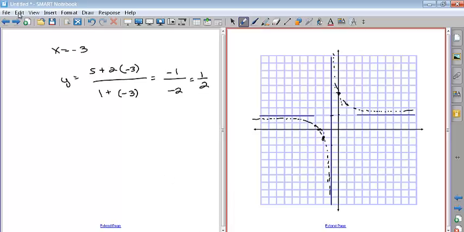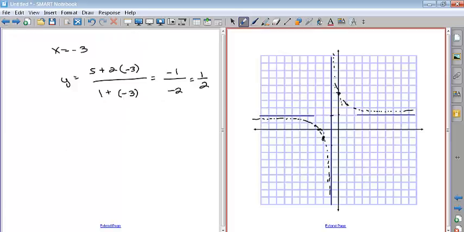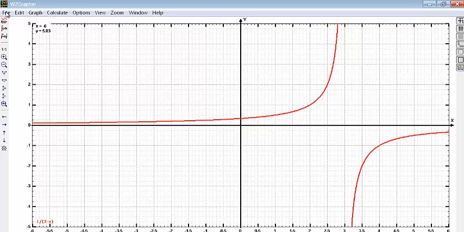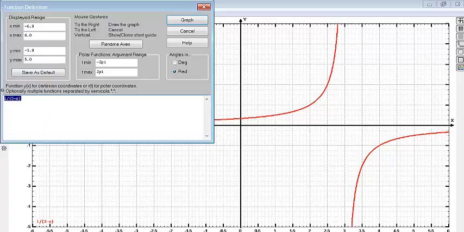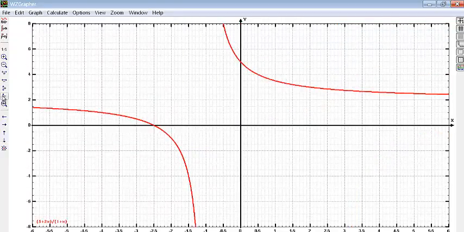Okay, so let's go back here. 5 plus 2x over 1 plus x. Now when you do this, you have to make sure you use the parentheses so that it includes the whole denominator and the whole numerator. Okay, so there we go. Let's zoom out a little bit in the y direction. So what you see is there's an x-intercept here at negative 5/2.